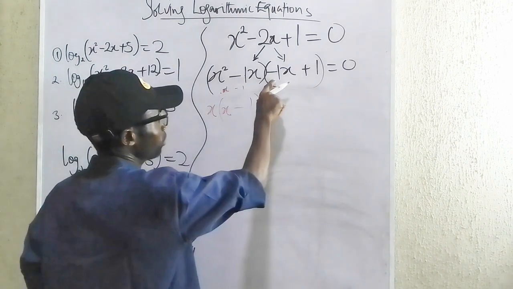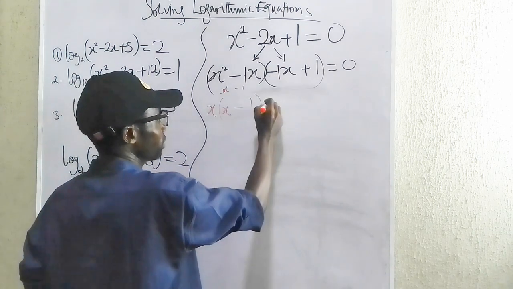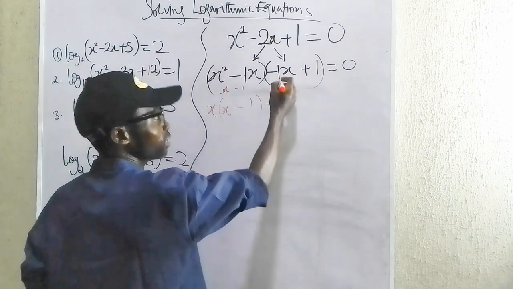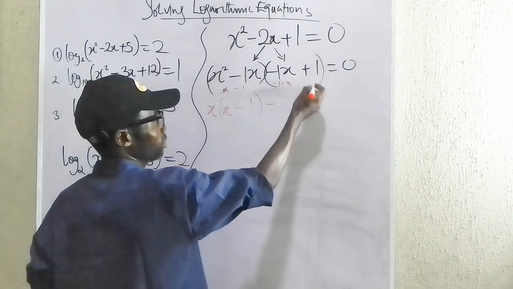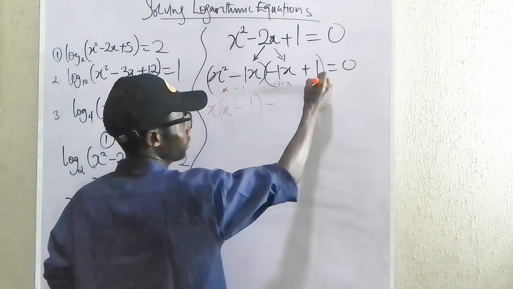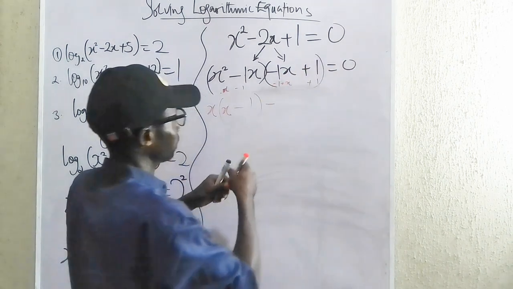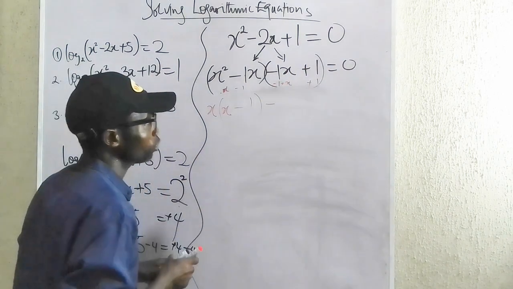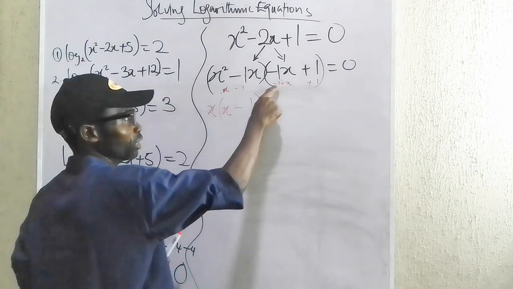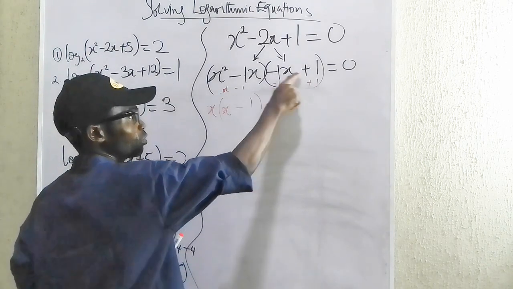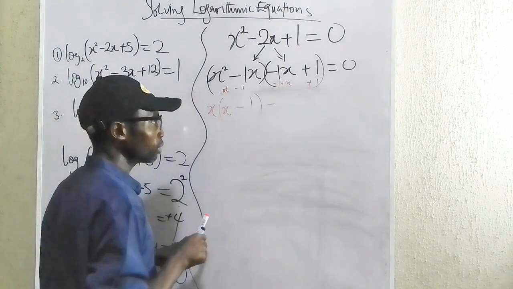Now, we come to this place. What is here and is also here? Minus is actually here and is also here, because minus times plus is actually minus, so minus is out.